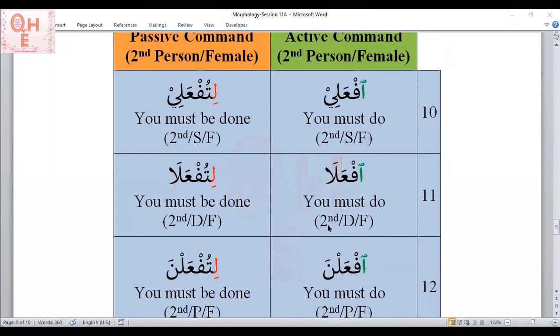When the doers are second person dual female, the verb is if'ala. And when the doers are second person plural female, the active command verb is if'alna. Again, this is a mabni conjugation, so the noon stays there. And for the passive, there will be lam kasra and there will be prefixes.